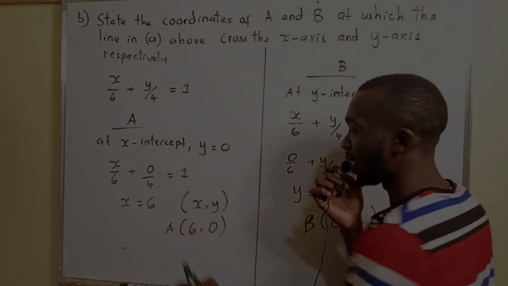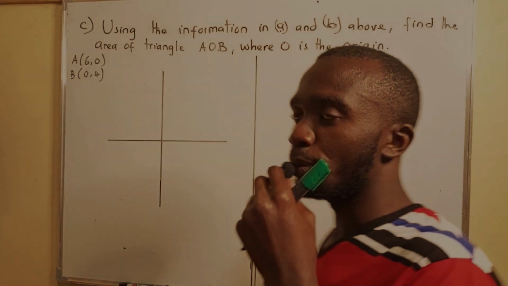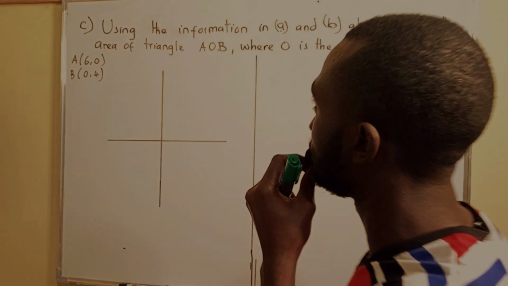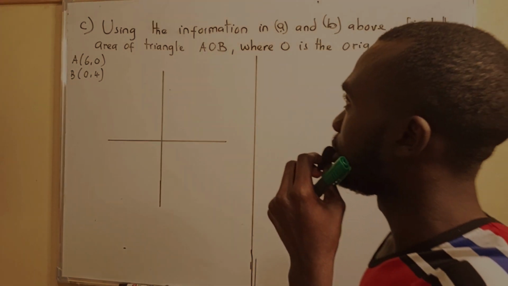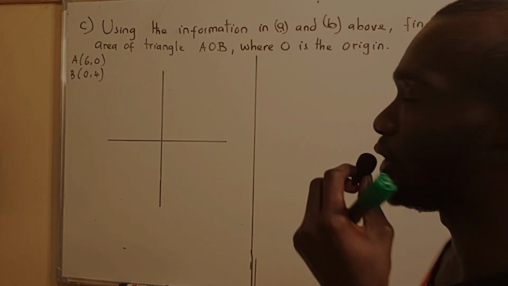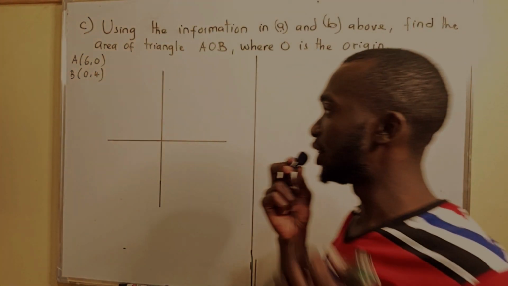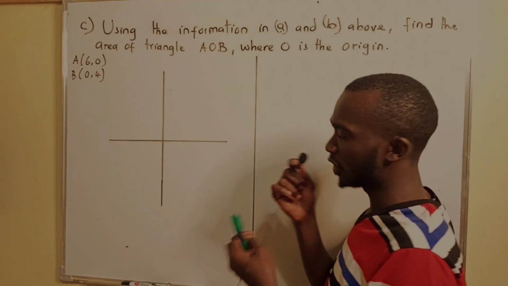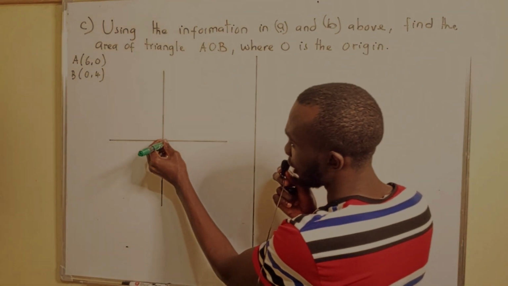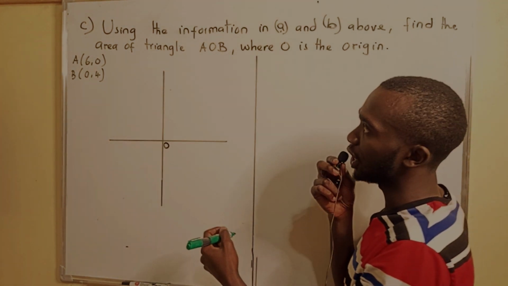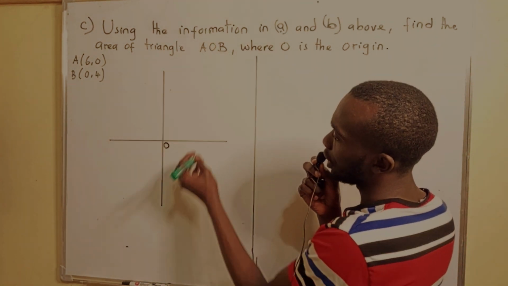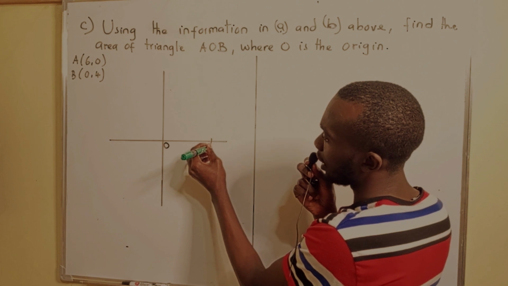And the coordinates of point A are 6, 0. Now on part C: using the information in A and B above, find the area of the triangle AOB, where O is the origin. If this is the Cartesian plane, O is the origin, where the x-axis and the y-axis meet. The coordinates of point A were 6, 0, so the x-coordinate is 6 and the y-coordinate is 0.